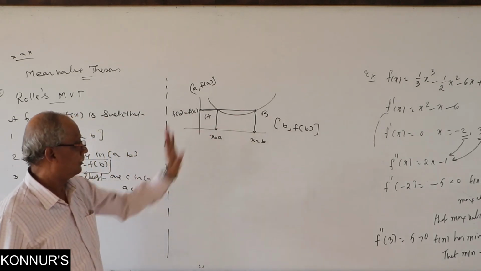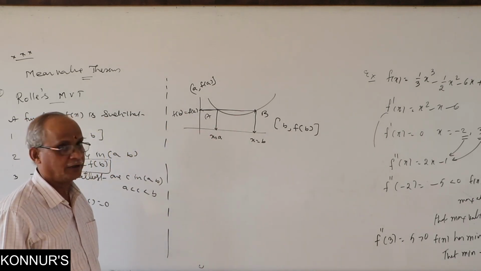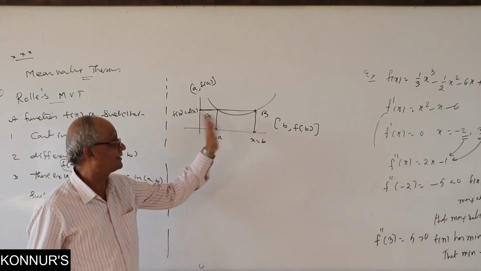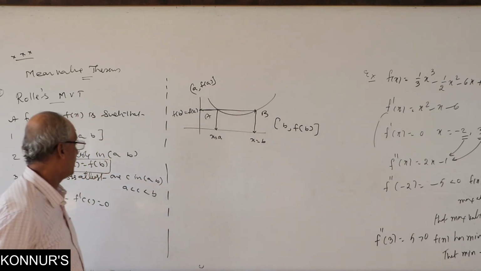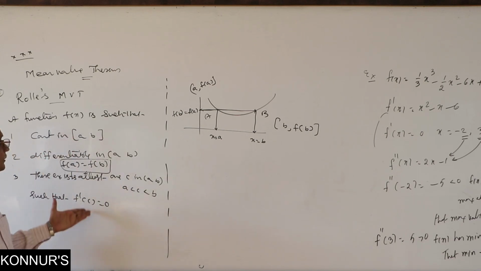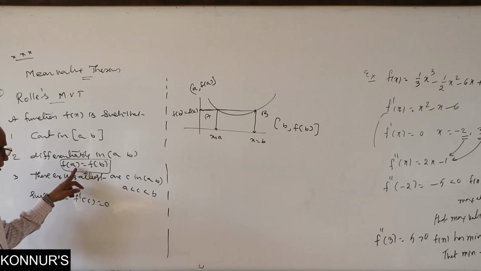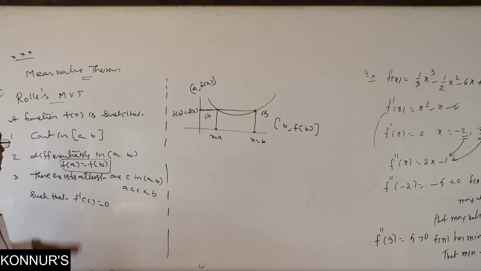Since f(a) equal to f(b), the chord AB is parallel to the x-axis. That is the geometrical interpretation of this theorem. Otherwise, this fails. If f(a) is not equal to f(b), that is called failure of Rolle's mean value theorem.